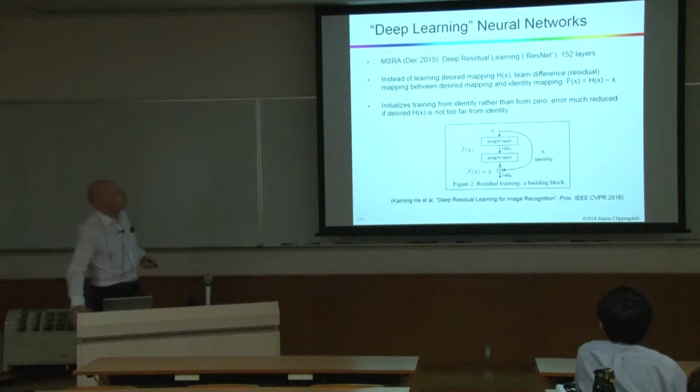Microsoft Research came up with a thing called residual learning in 2015. This network had 152 layers. And instead of learning a mapping h of x, whatever that might be, the idea was that you had this little loop here around your weight layer, and you learned the difference between that and your desired mapping.